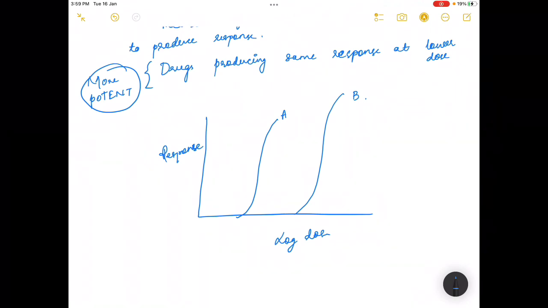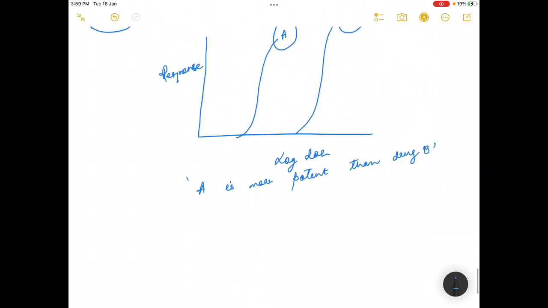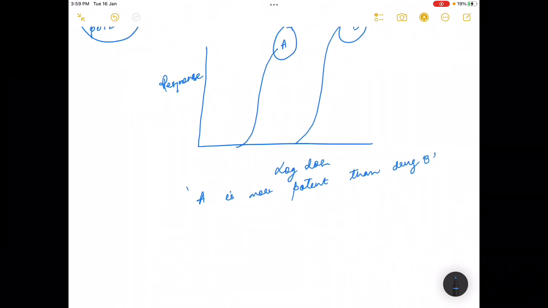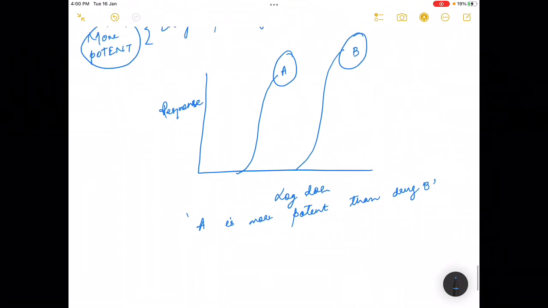The answer is drug A is more potent than drug B. So in DRC, more a drug is on the left side of the graph, the higher is its potency, and a drug on the right side of the graph, the lower is its potency. You need to remember this dictum, that if a drug is more on the left side, it has higher potency, whereas if the graph starts more from the right side, then it has lower potency.